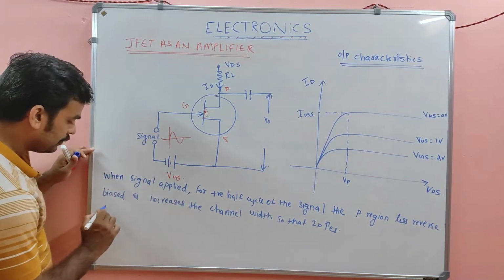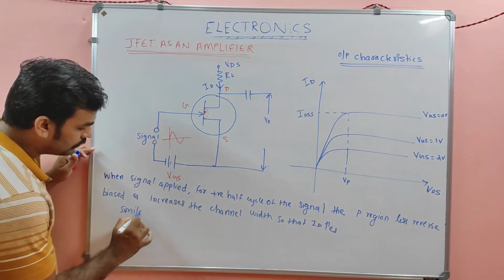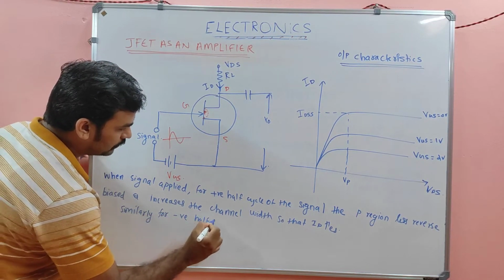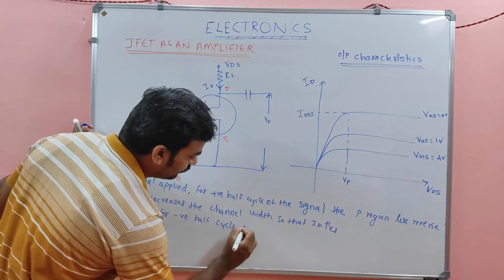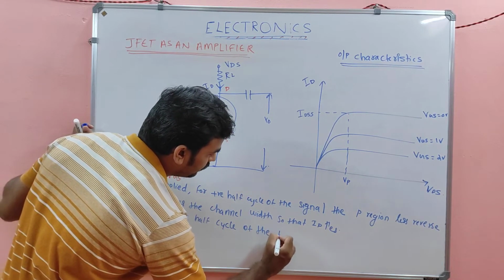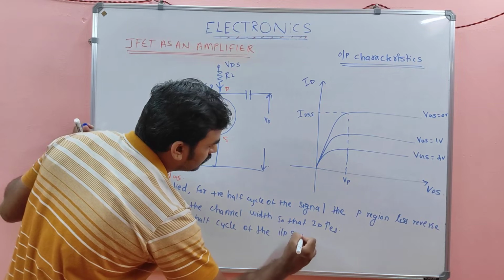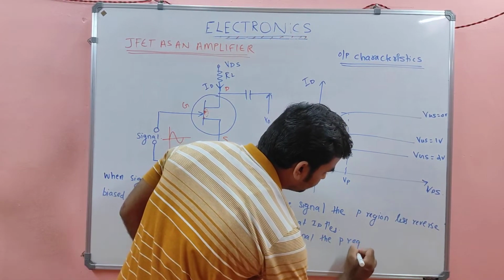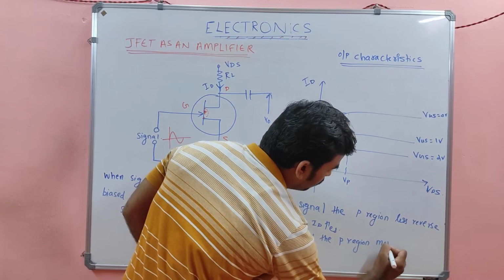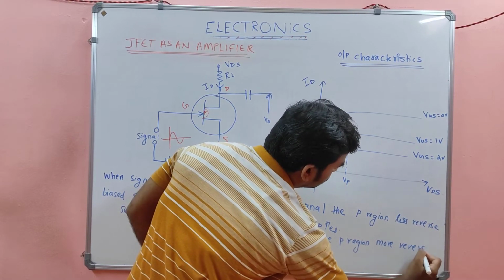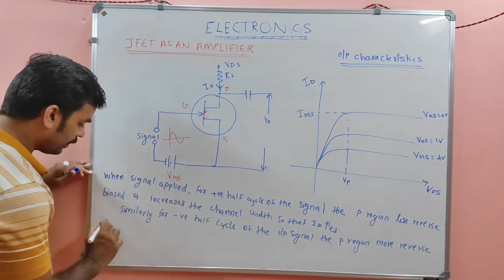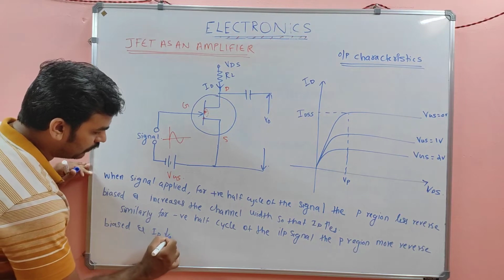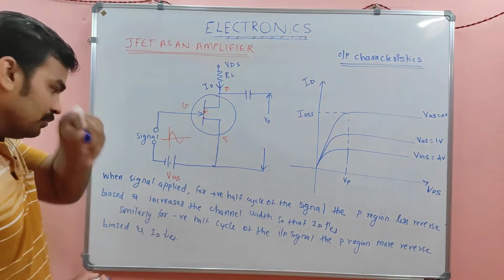And similarly, for the negative half cycle of the input signal, the P region is more reverse biased and ID reduces. See what I am writing.